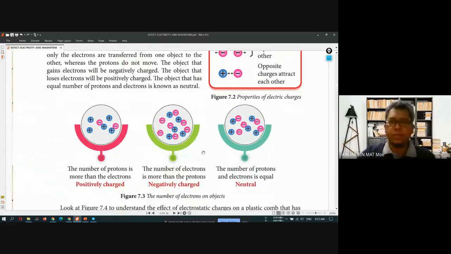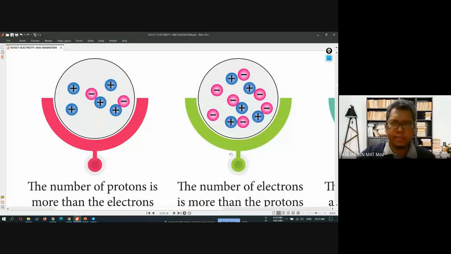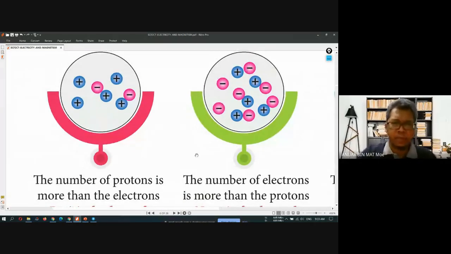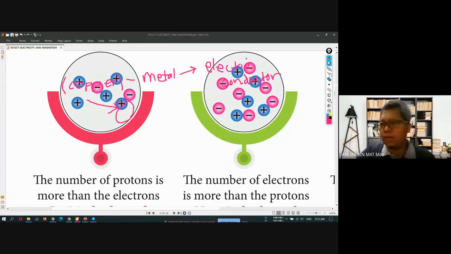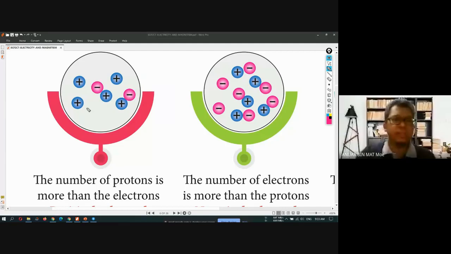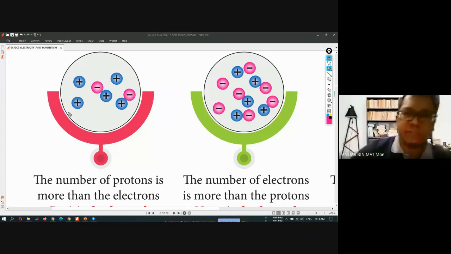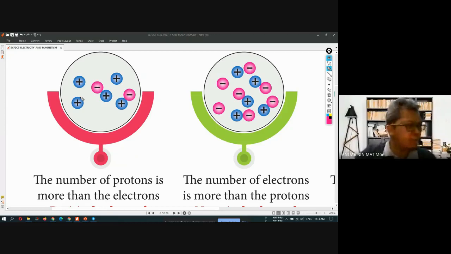So if the surface, for example the picture on your left over here, consists of many positive charges, how many positive charges are on the object on the left? We have 1, 2, 3, 4, 5 positive charges, for example, and then the negative charges, just 2.